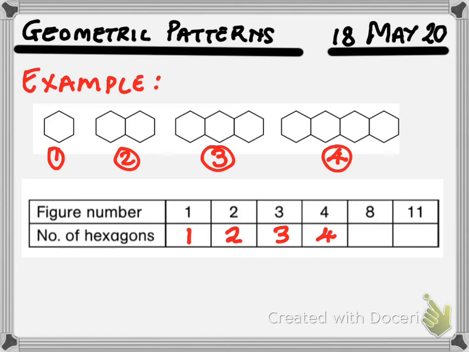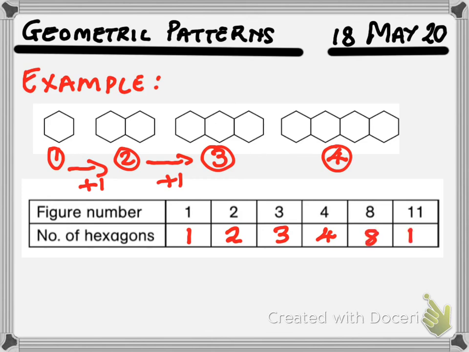Now for 8, we can literally see here, to get the 8th and 11th figure, how many hexagons are you going to have there? We look at the pattern. So we have the first one and the second one and the third one and the fourth one. So what's actually happening here? We can see that from the first one going to the second one, they are adding 1 polygon. From the second to the third, they are adding another polygon, and so on, right? So obviously that means number 8, we are going to have how many polygons? 8 polygons.